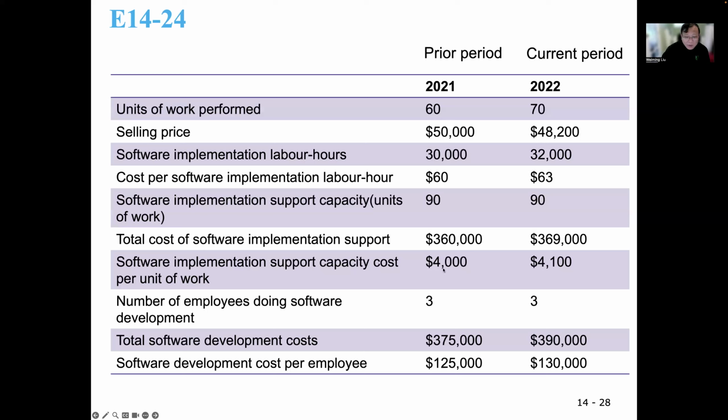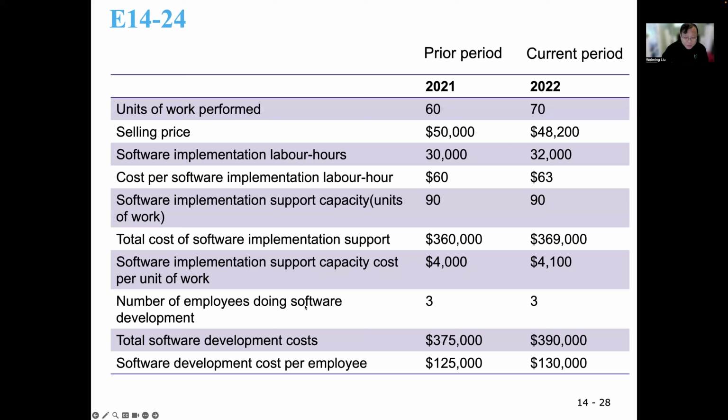The software application support capacity cost per unit of work: the cost is 360,000 and the capacity is 90 units. For each unit, it's 360,000 divided by 90, so it's 4,000. And 369,000 divided by 90 is 4,100.